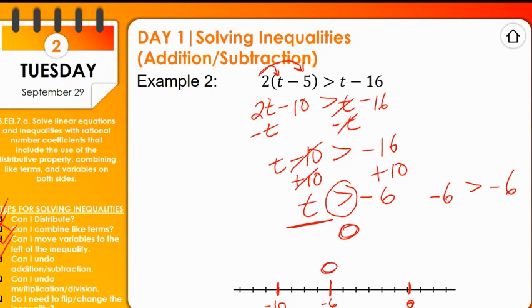So I cannot include negative 6. But negative 5 is greater than negative 6. Negative 4 is greater than negative 6. So on all the way to 0 is greater than negative 6. So all of the values in this direction are values that make the inequality true.